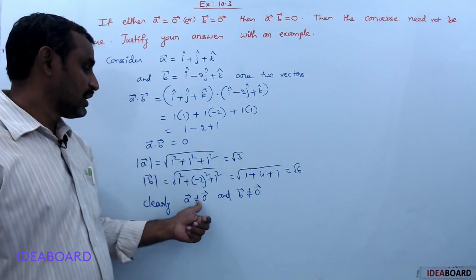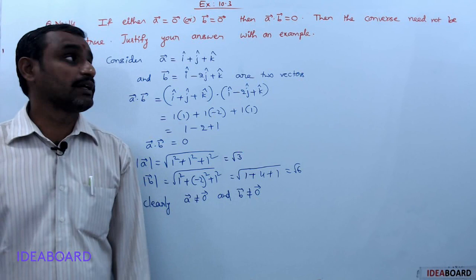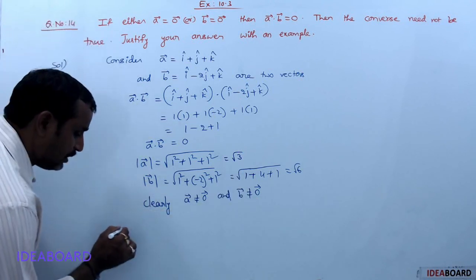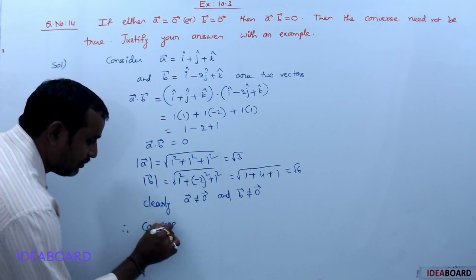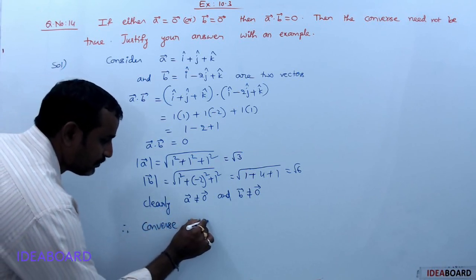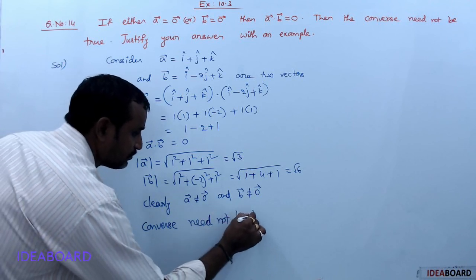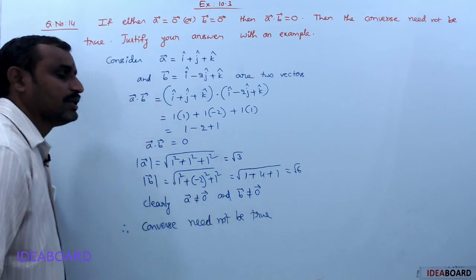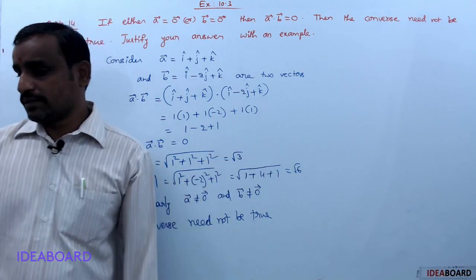A bar is not equal to null vector and B bar is also not equal to null vector. Therefore the converse need not be true. Hence the solution, no doubt. Next question we will discuss.